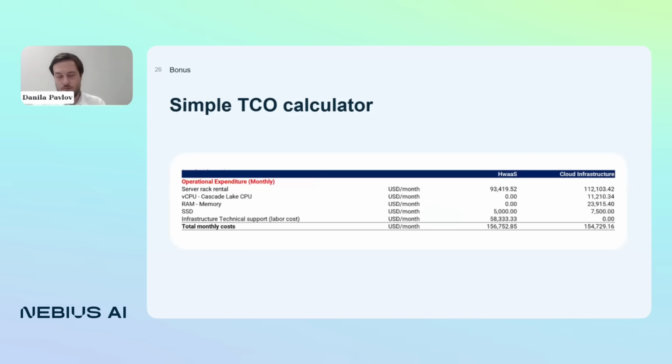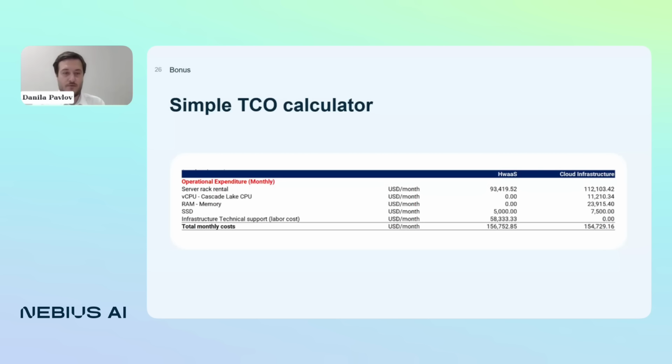This is just dummy numbers for understanding that are based on the calculation of 64 GPU H100 in the hardware as a service and in cloud infrastructure. So as you can see on the screen, the price per GPU is significantly cheaper in the hardware as a service, and it also includes vCPU and RAM inside the GPU price. And the cloud infrastructure does not do that, and it's significantly higher in price.